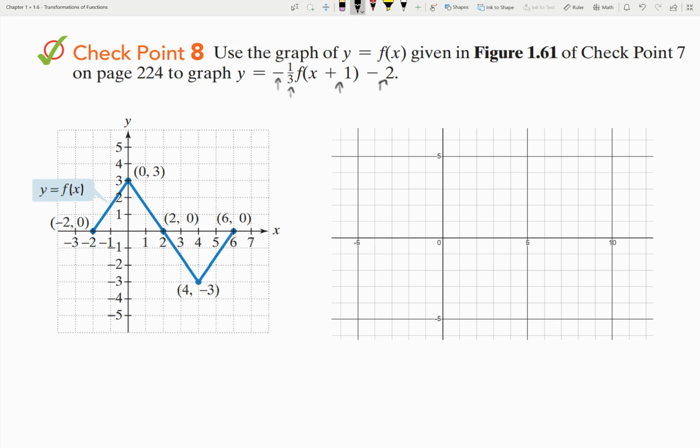So instead of -2, we go to -3. Then there's my peak. Instead of 2, that's a 1. Instead of having an input of 4, it now is 3. And 6 goes to 5. So this one is a picture like that.